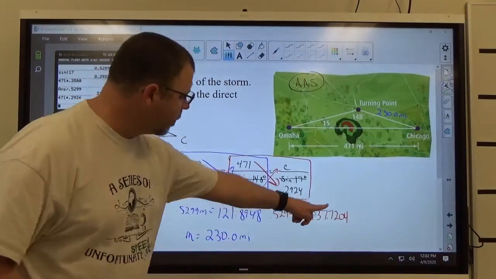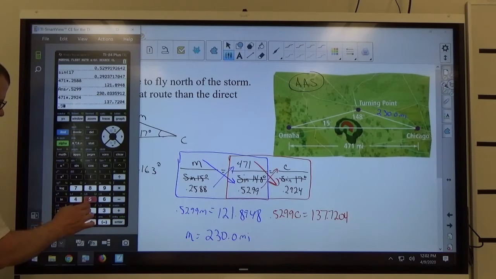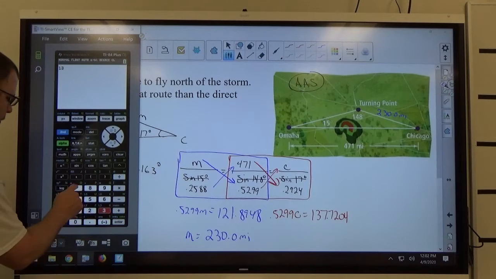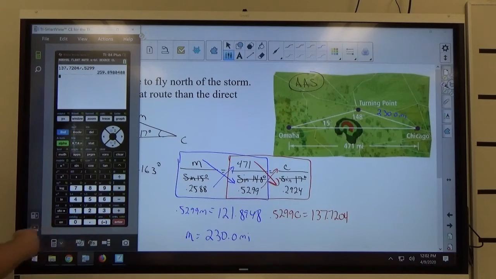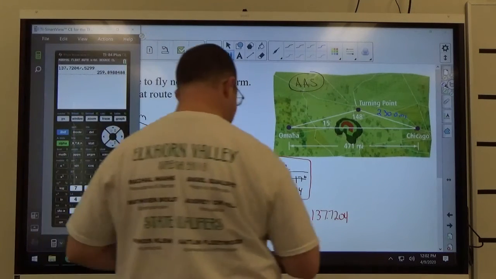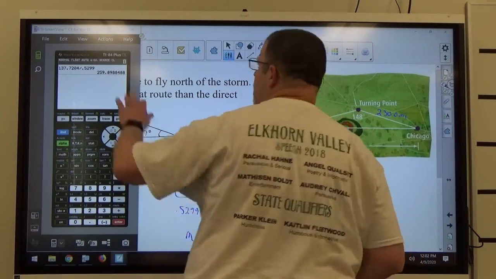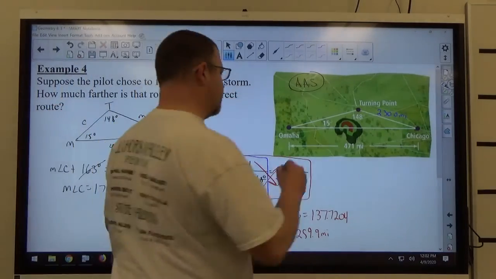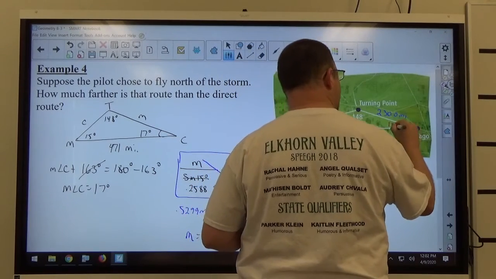So to get C, we're going to take 137.7204 divided by 0.5299. It gives me a C value of 259.9. And again, C represents the distance from Omaha to the turning point, so on this picture it's going to be here, 259.9 miles. Again, this is a 17-degree angle.